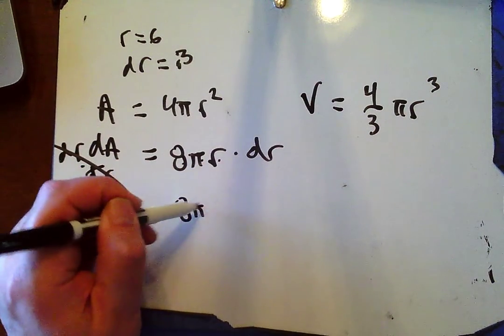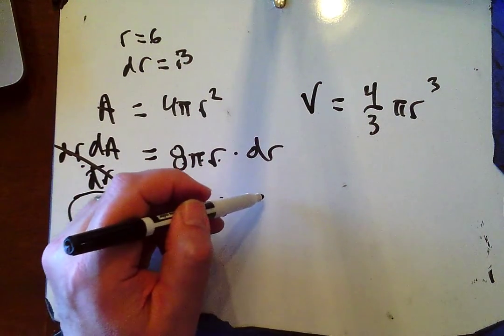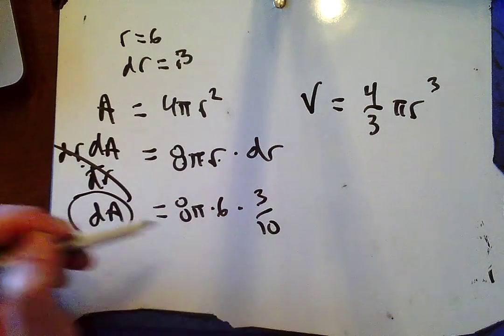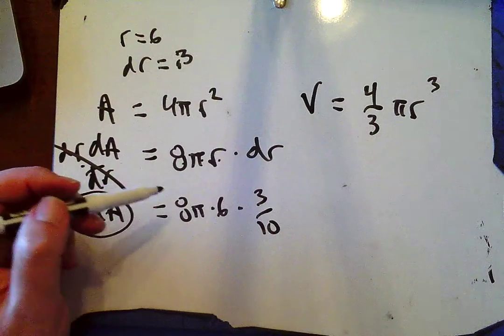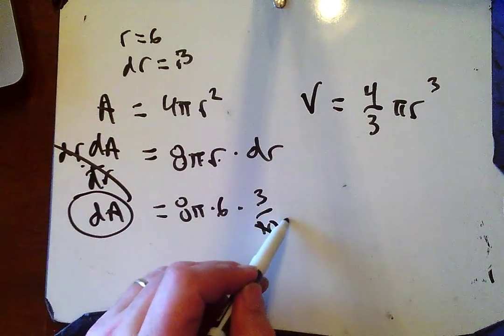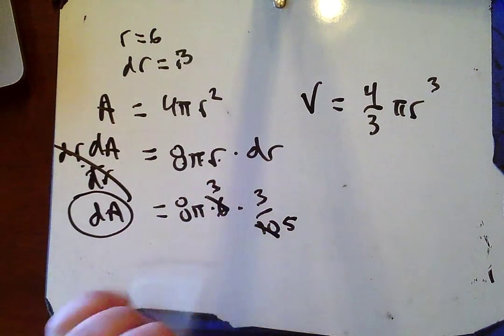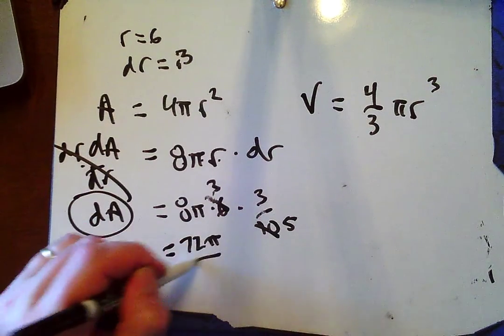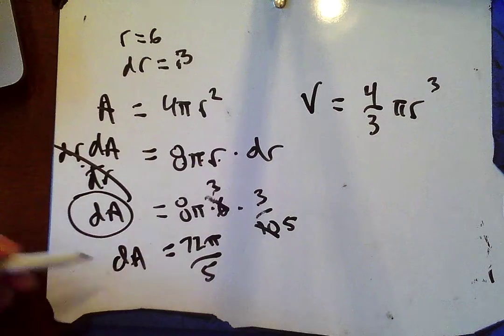So 8 pi times 6 times, and we're told that dr is 0.3, which I'm going to write as 3/10. So what do we have? Well, I can take a 2 out of there. I'm going to have 9 times 8, which is 72 pi over 5. And that's our estimate of dA.